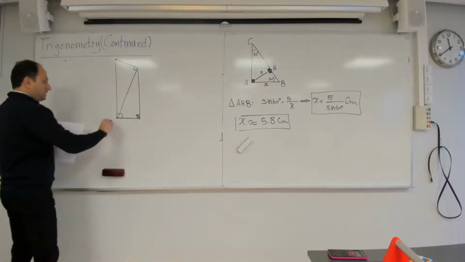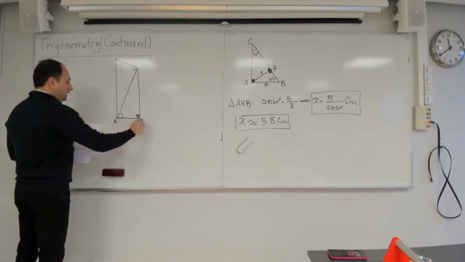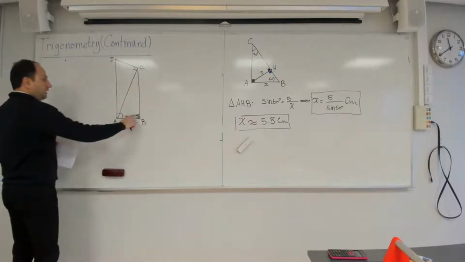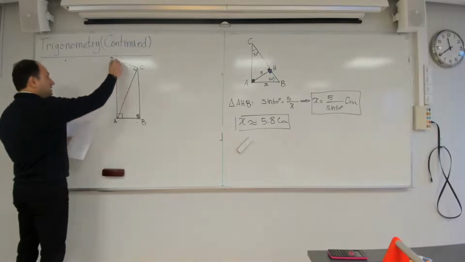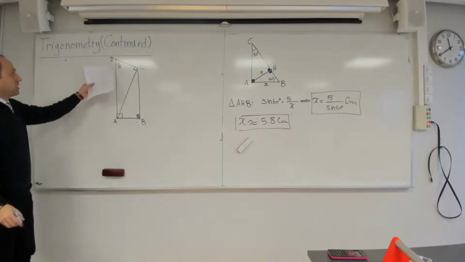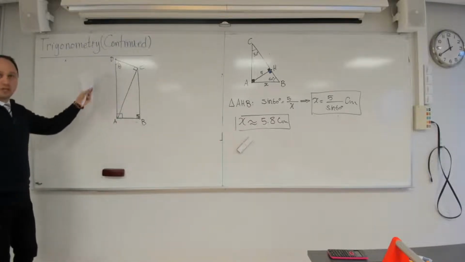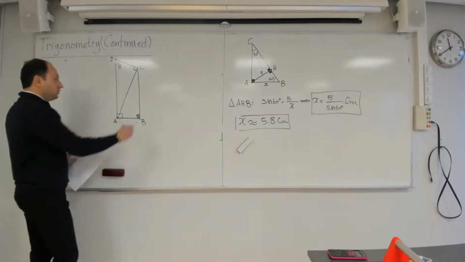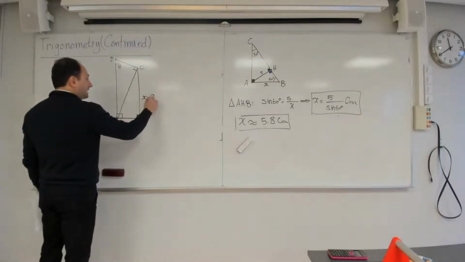So let me give these names A, B, C, D. Okay. And then this angle is assumed to be given, and the name is theta. Any angle, for example, 70 degrees, 75 degrees, whatever. Assume that theta is given to you, and then you are supposed to calculate x.